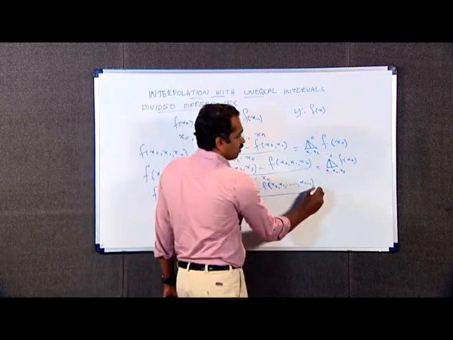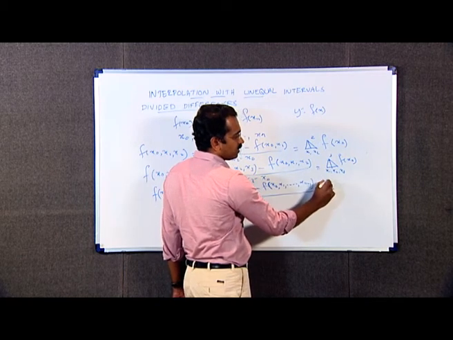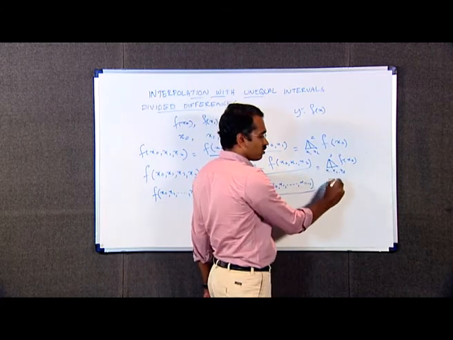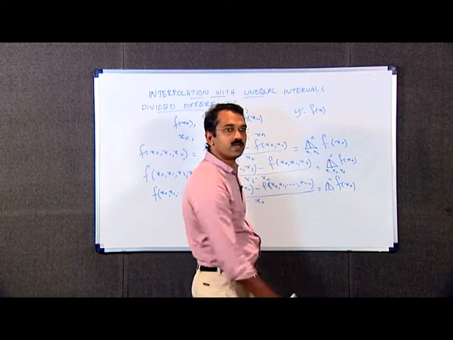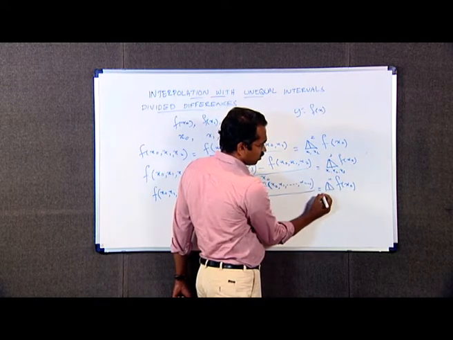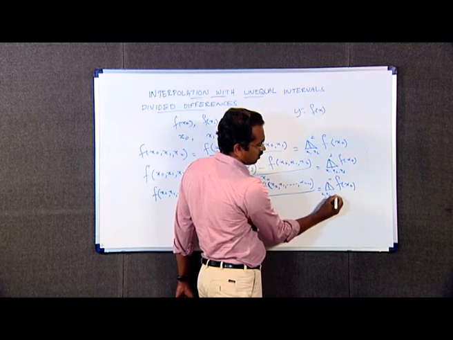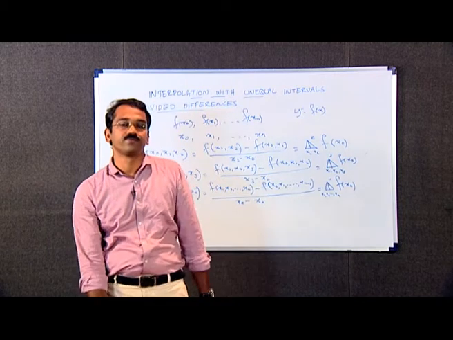We can also use this notation, divided delta raised to n f of x naught, x1, x2 etc. up to xn. This is the notation.